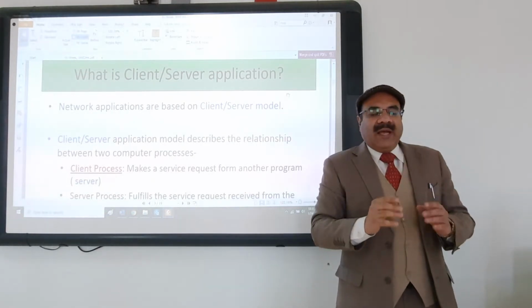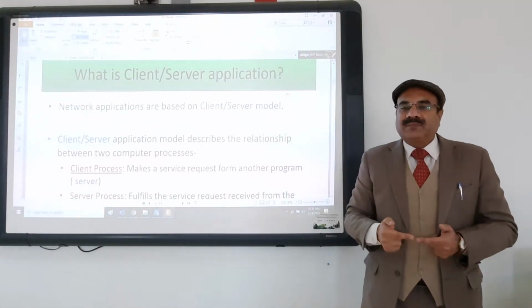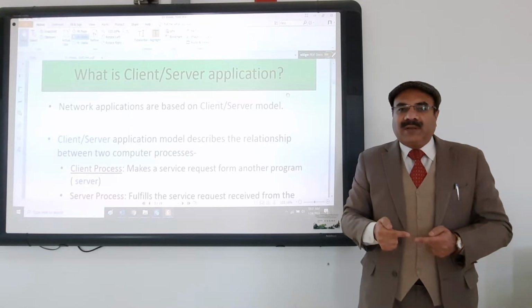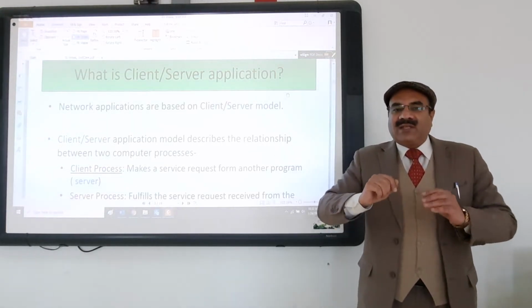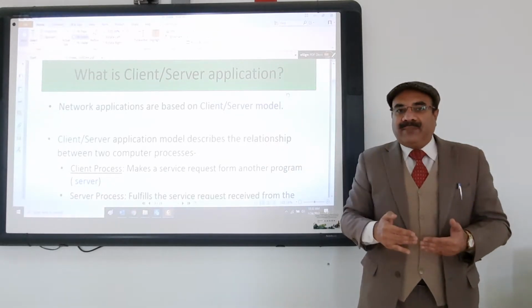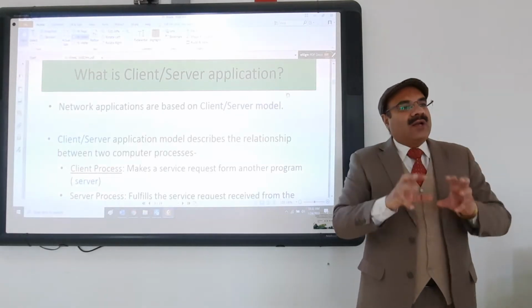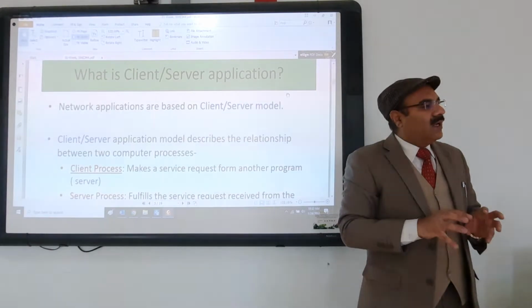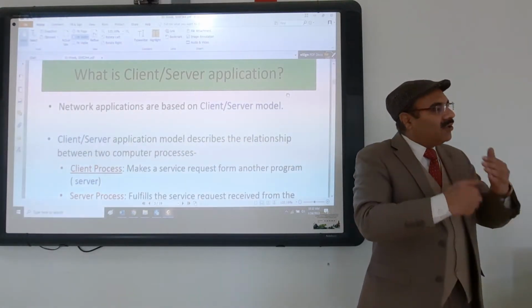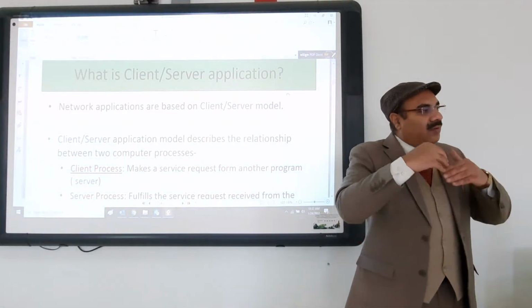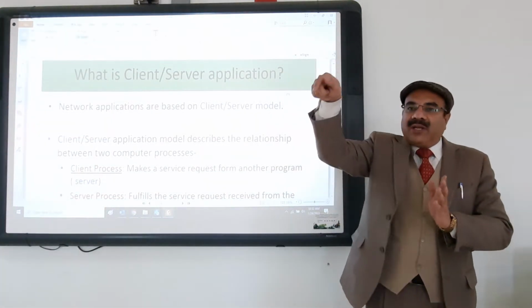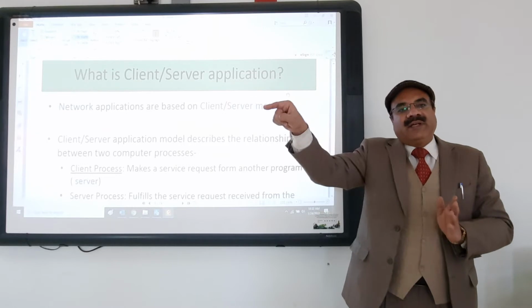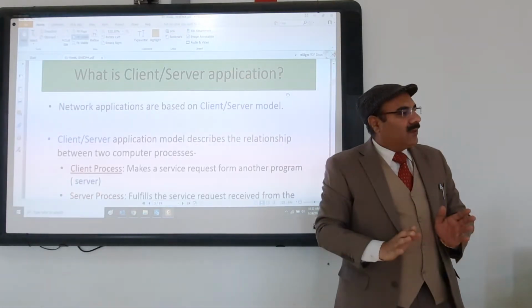When you have a program on your computer screen to register courses at the university, initially when you log in, you are on the client side, in the client process. You are working on the client screen. But when you enter the screen, immediately you are logged in and connected with the server.